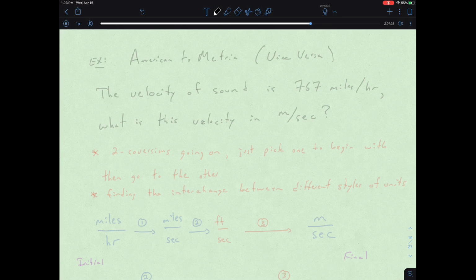All right, let's look at another example, and let's still look at this idea of American to metric, vice versa. Basically going in between two different styles of units. But let's up the ante a little bit.